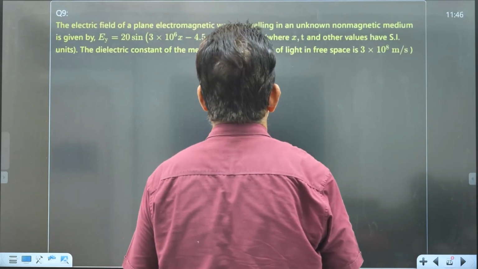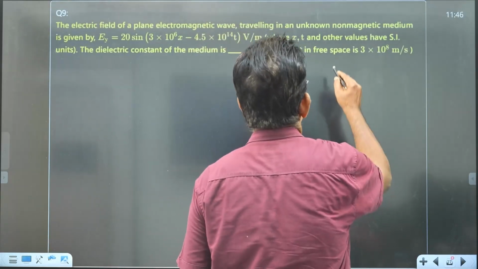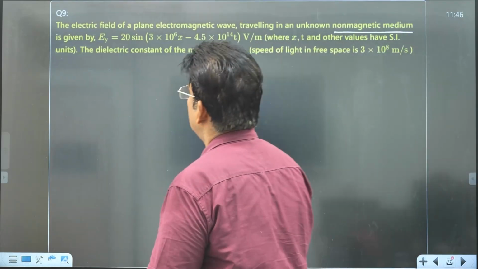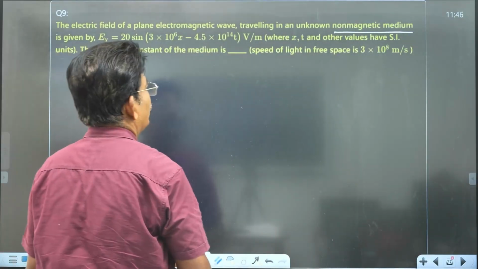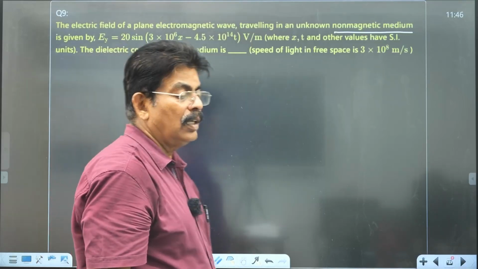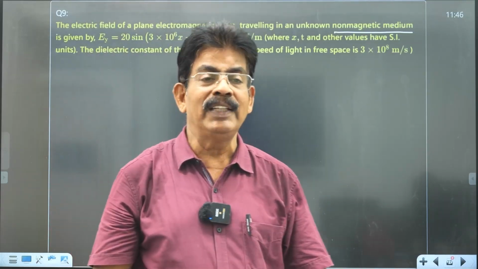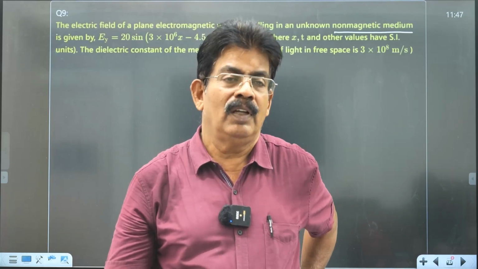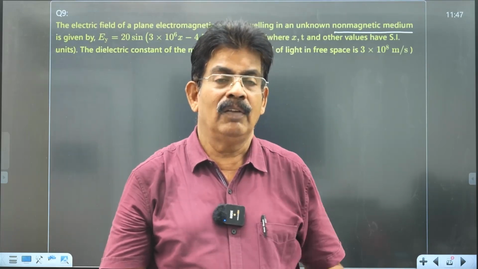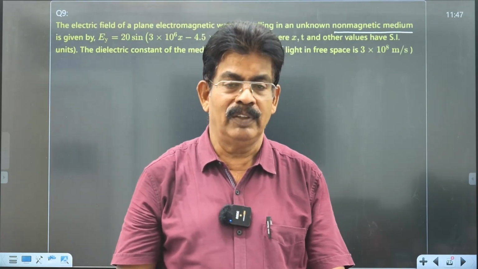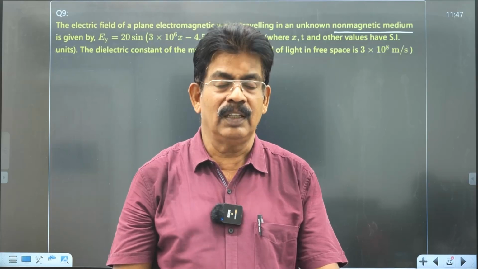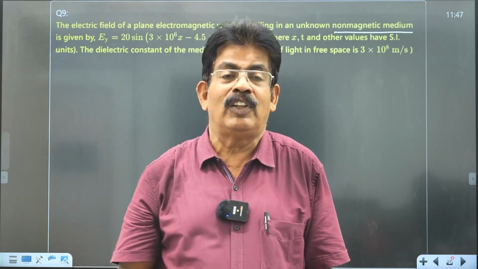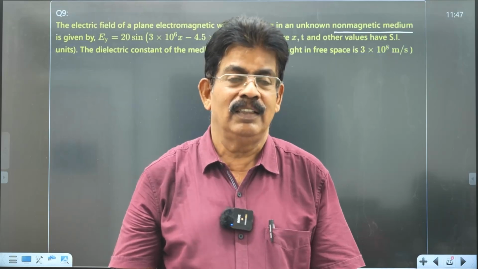Electromagnetic plane wave traveling in an unknown, non-magnetic medium. I underline it. What's the meaning? I will tell you. Non-magnetic means its permeability will be very, very small. Nearly 1. We cannot take less than 1 because it would become diamagnetic.